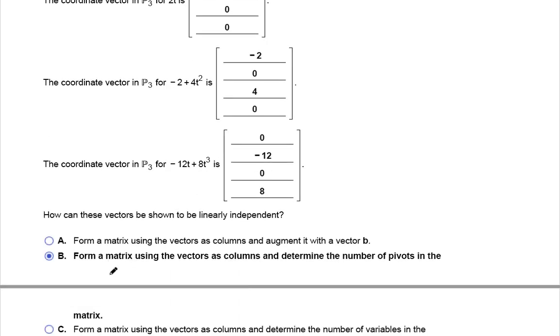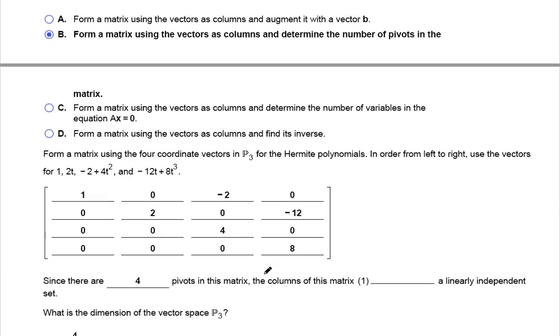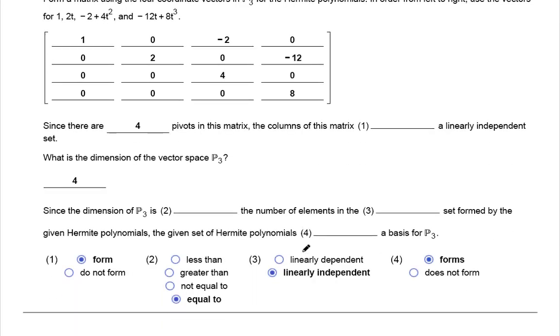So how do we show they are linearly independent? We form a matrix and show that the number of pivots matches up. When you put these Hermite polynomials in terms of the standard basis, we have 4 pivots, and so they are linearly independent, and the dimension is 4.